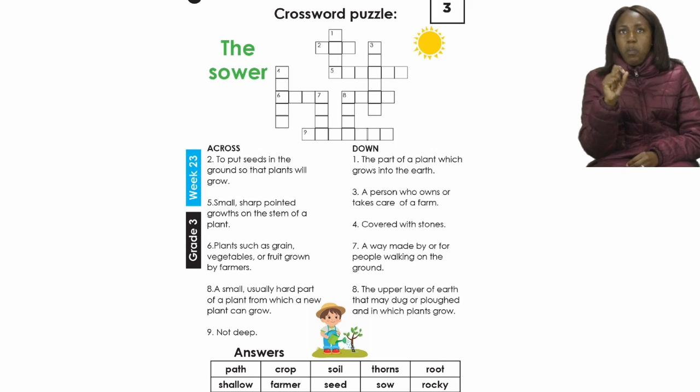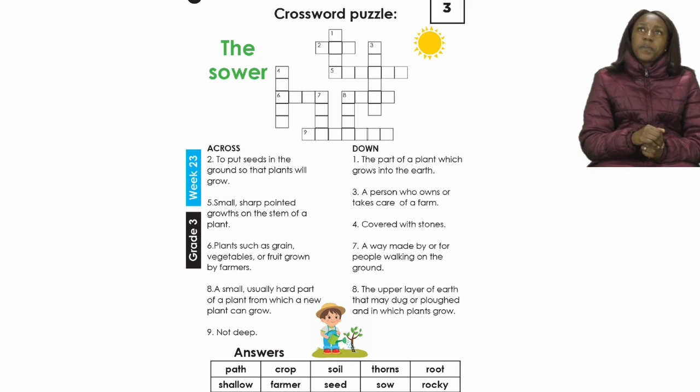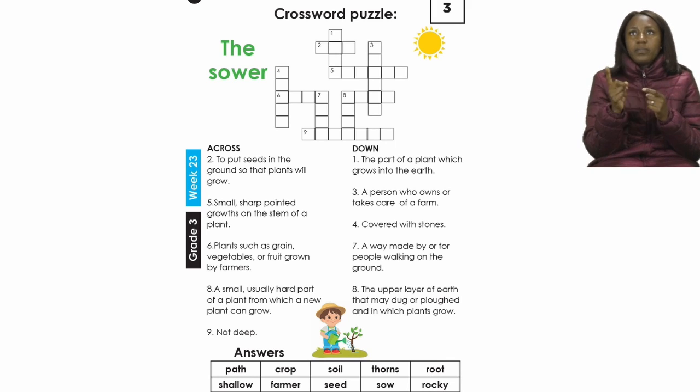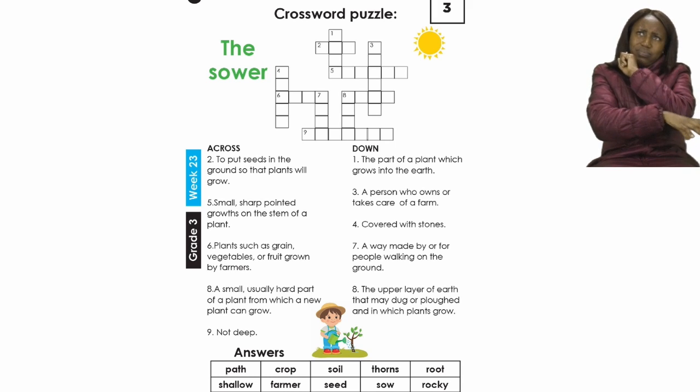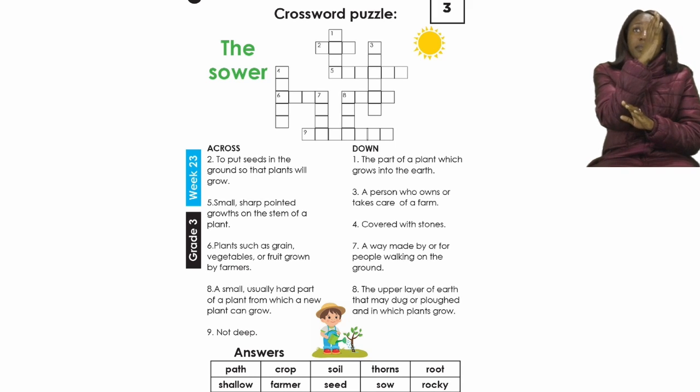Right, let's quickly read through the clues and see what they say. Number 1, down. The clue says: the part of a plant which grows into the earth. The part of the plant that grows into the earth.